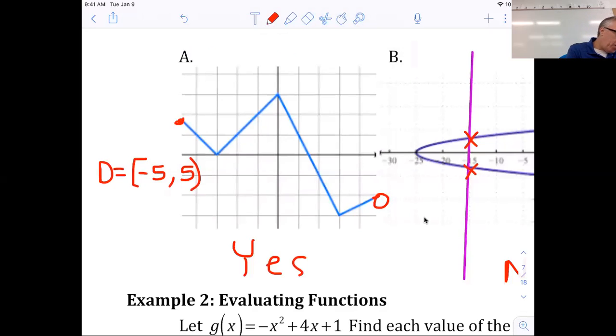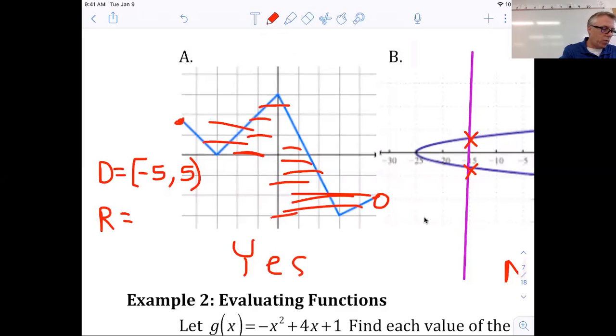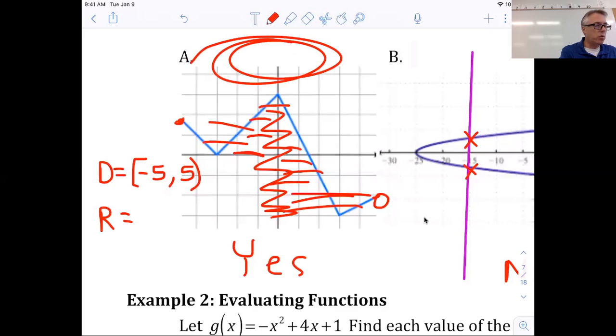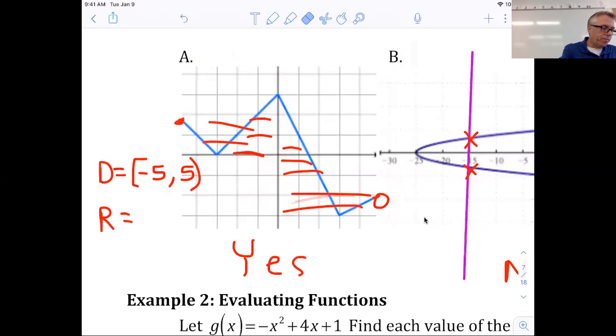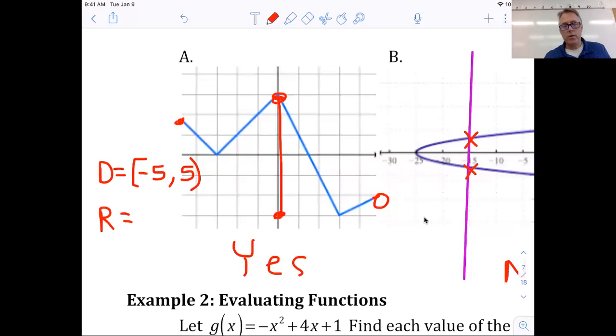And the range, the output values, those are the boundaries if we were to squish that on the y-axis. So if we take all this stuff and squish it sideways and all this stuff and squish it sideways, how much of that y-axis would be covered? Like nothing up here would be covered because there is no graph up there. So when we squish it onto the y-axis, everything from this point to this point would be covered by the graph.